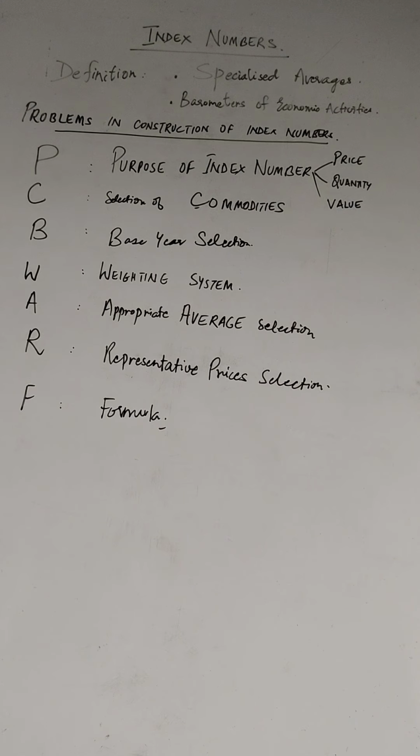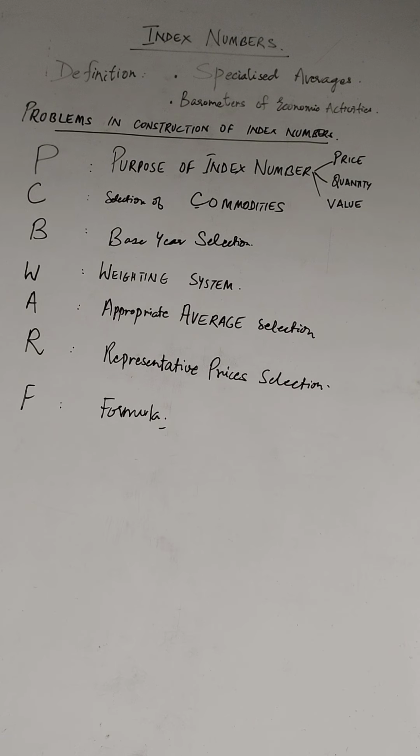The base year should be a normal year, and it should be a recent one as far as possible, not very far. So that is very important: what after all should be your base year? It should be a normal one.